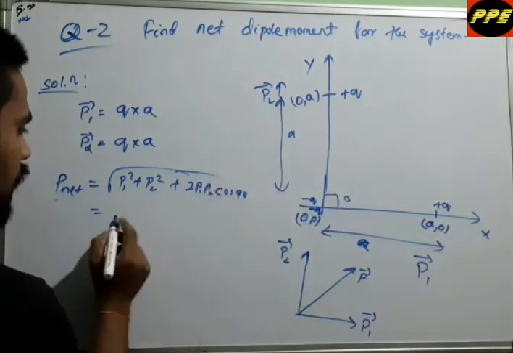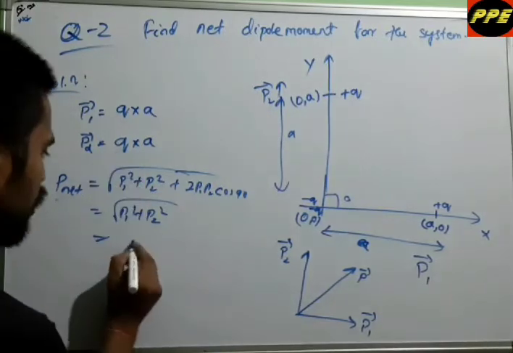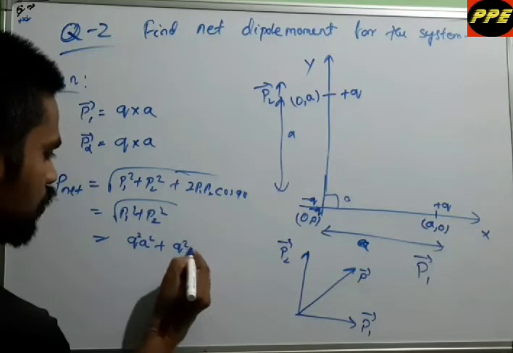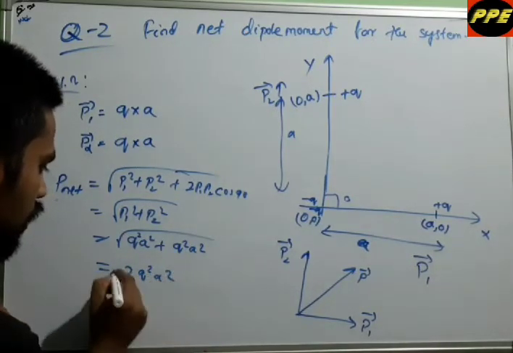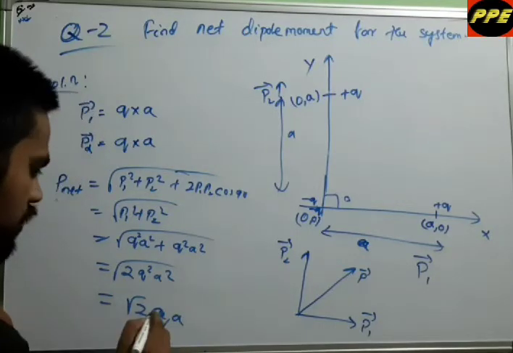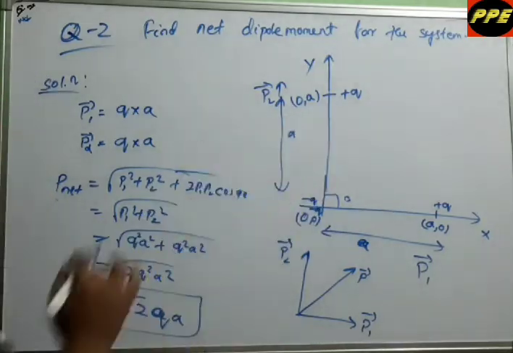So this term goes, and what remains is root over P1 square plus P2 square. This is qa, so q square a square plus q square a square, root over, that means root over 2 q square a square, that is root 2 qa. This is the net dipole moment in this system.